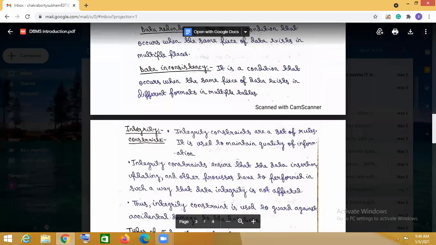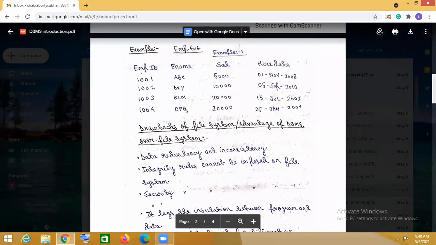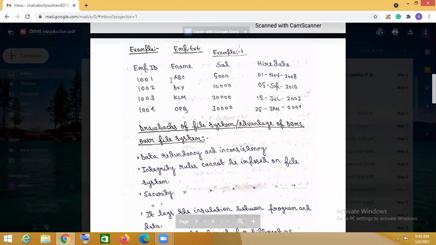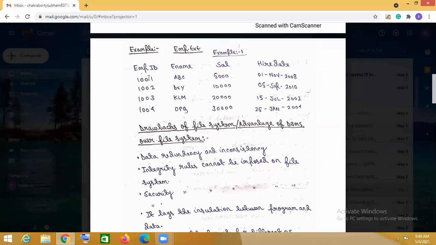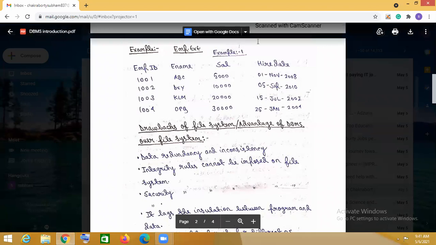Now you see rows are heterogeneous, meaning the data in a row are different. This is a row of a table.